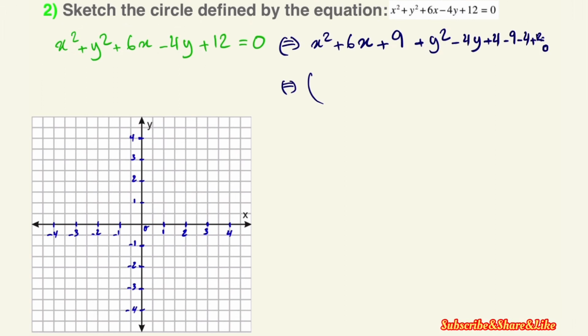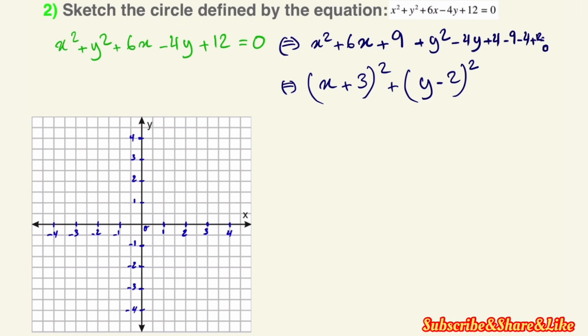So you will have x plus 3 squared plus y minus 2 squared, and then we have to combine these numbers here.